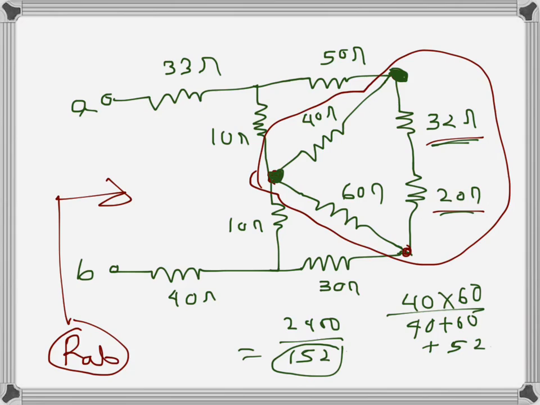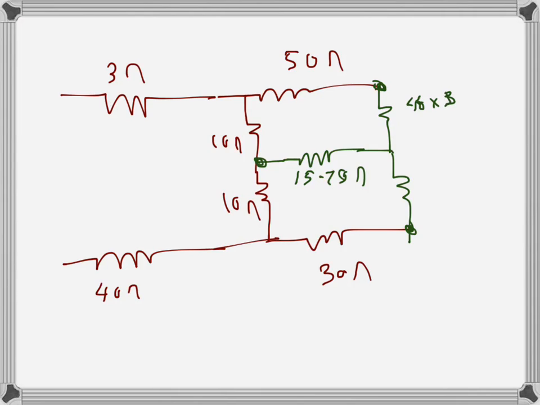I could have replaced that with one resistance by adding, but we have to always remember that these two are coming in series, so just one. So that will be 52. 40 times 52 divided by 152 is 13.68. So I will just write that directly, 13.68 ohms there.